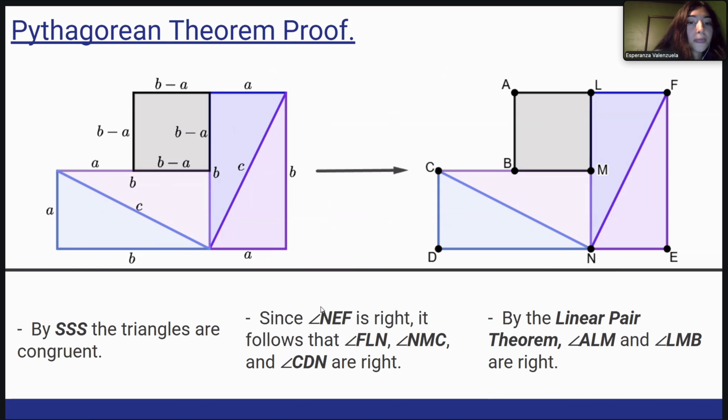And so we know this is right by construction. So by CPCTC, the corresponding angles are congruent. So all these angles are also right. And then we know that this is right. So by the linear pair theorem, we know that that is right. And since this is right by the linear pair theorem, we know that that is right as well.